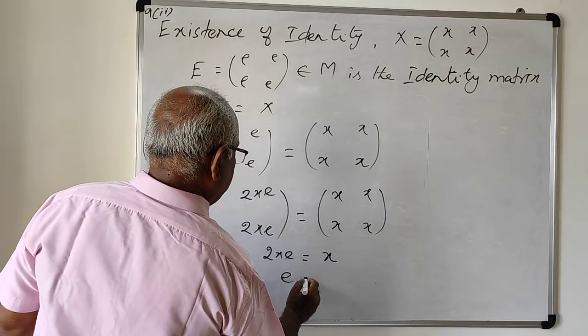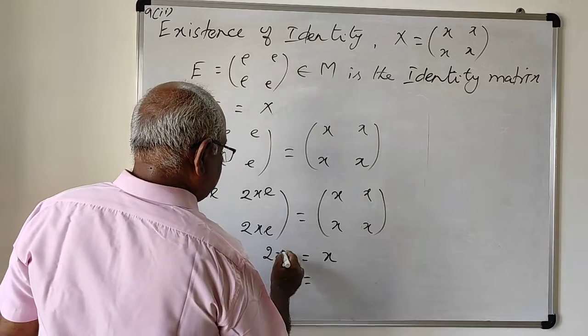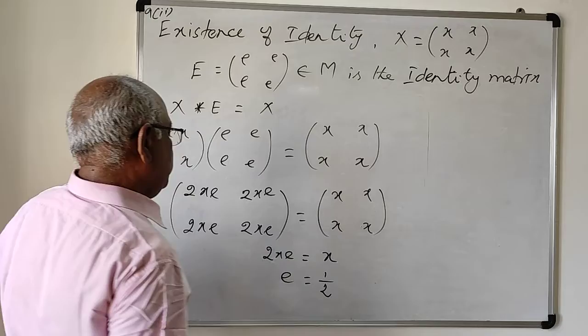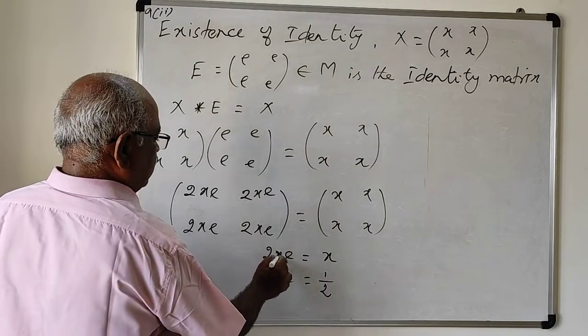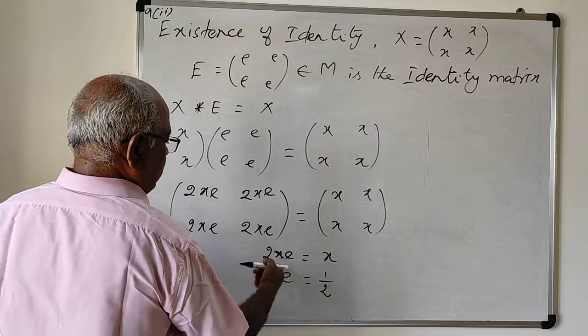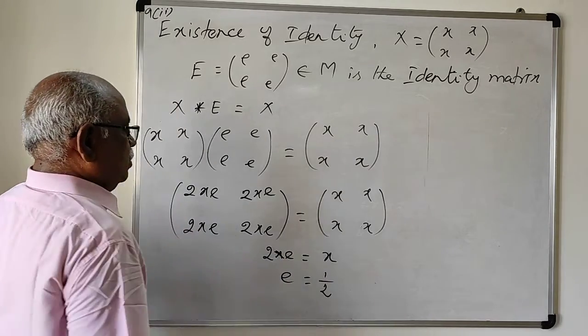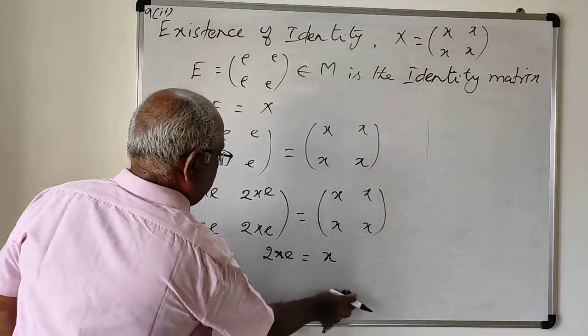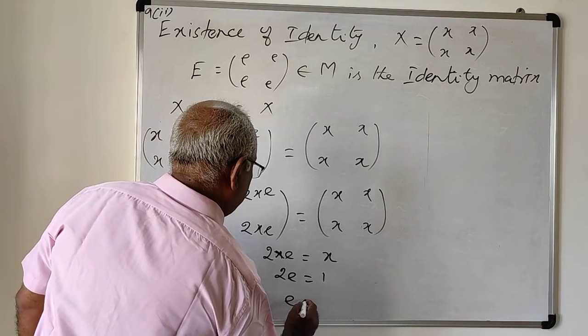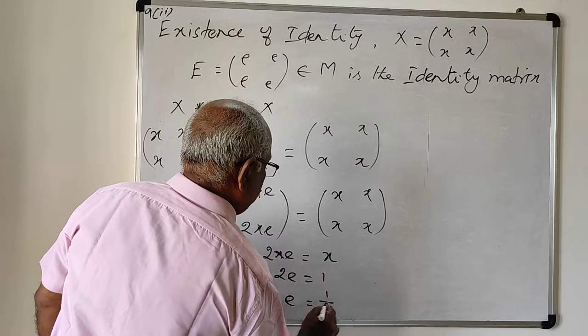From this, x cancels on both sides, 2e equal to 1, E equal to 1 by 2.